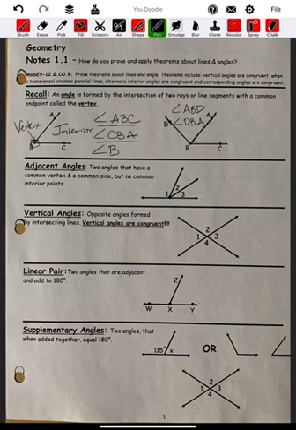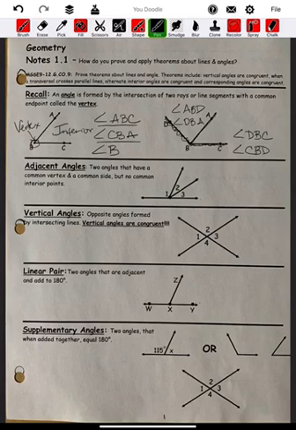Now we have a bigger angle, which is this section right here. As you notice, I'm drawing a little squiggly line to designate which angle I'm talking about. This one we could name as either angle DBC or angle CBD.